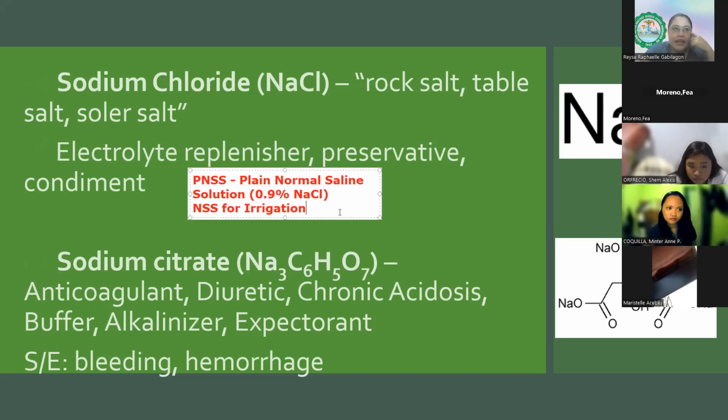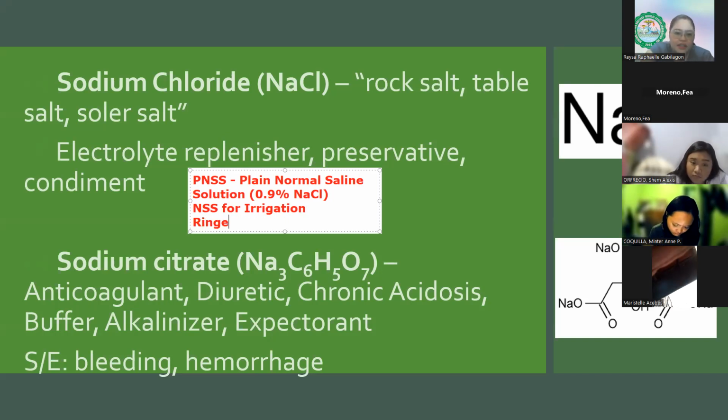Hindi yan siya masakit and it cannot cause conditions sa body. Kung water lang kasi, it's hypotonic, wala siyang salt, magkakaroon ka ng condition sa body niyan. Okay, yung mga red blood cells natin, either mag-shrink or mag-burst, depende sa amount ng asin na nilalagay mo. So, kailangan, ano talaga, 0.9%.